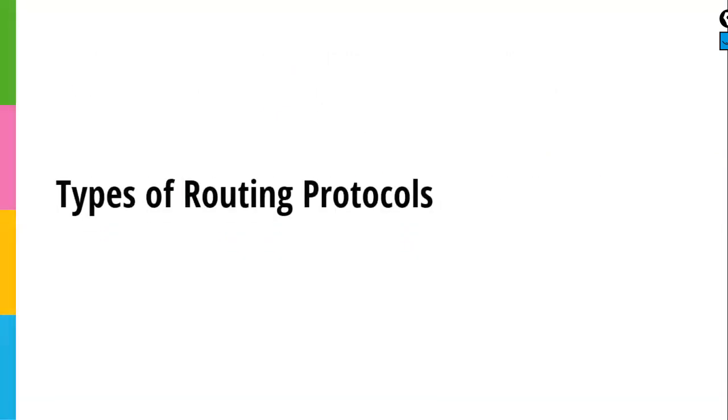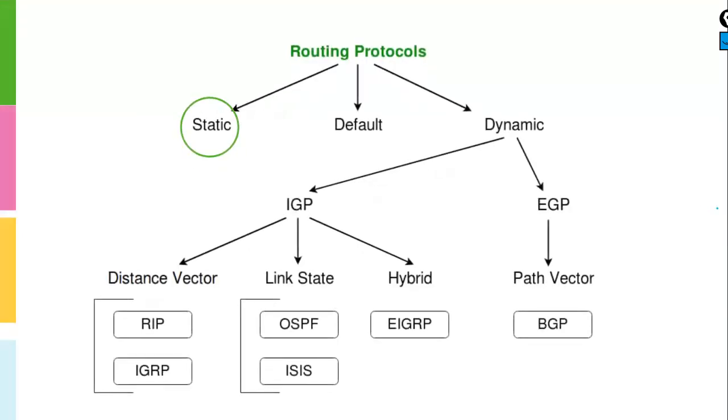Types of routing protocols: how many types of routing protocols are there? Routing protocols are divided into three parts: static routing, default routing, and dynamic routing. Dynamic routing is further divided into two parts: IGP and EGP.